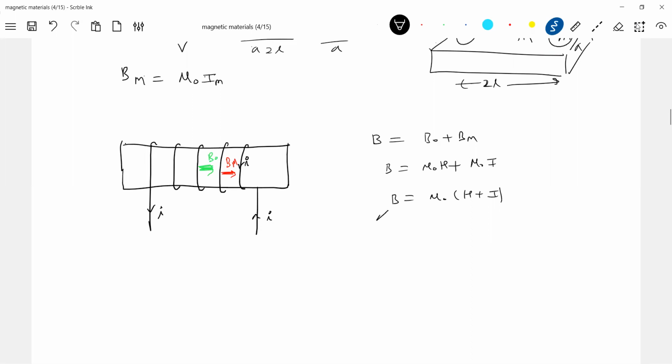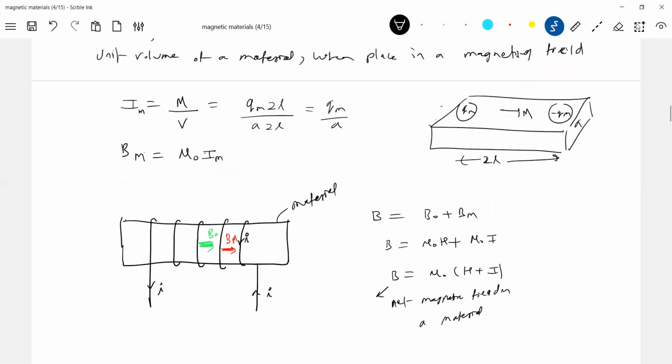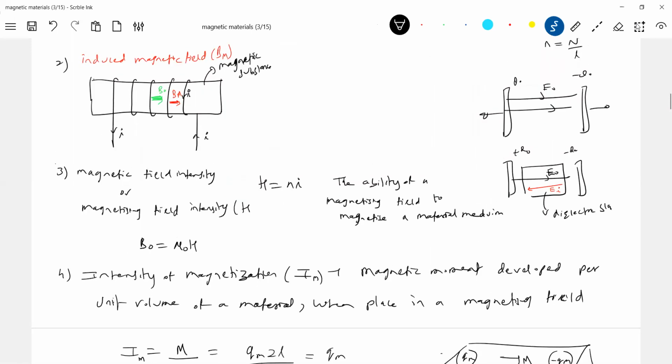What should you call this one? Net magnetic field in a material. So I go back to see, don't get confused here. What is the net field?